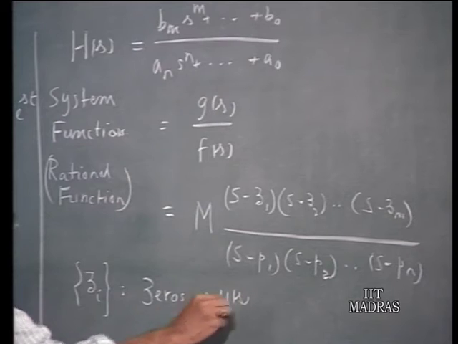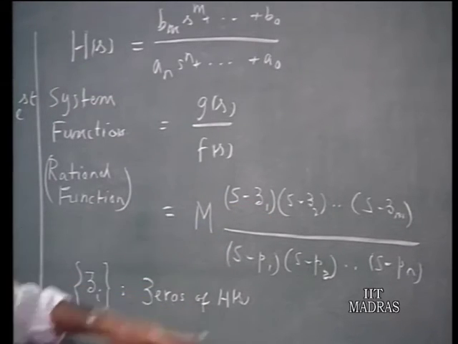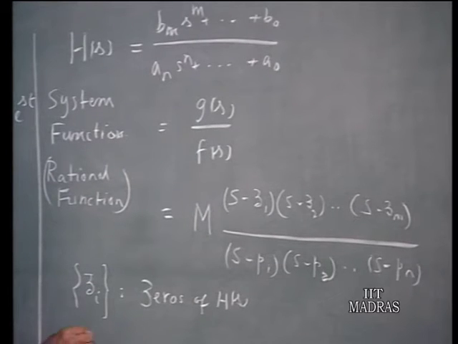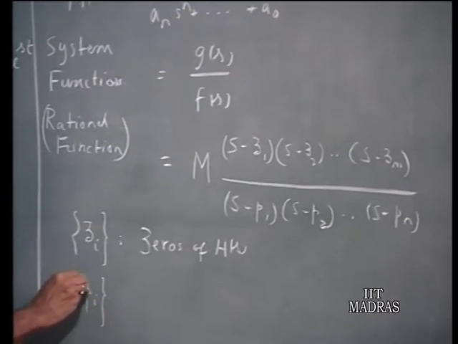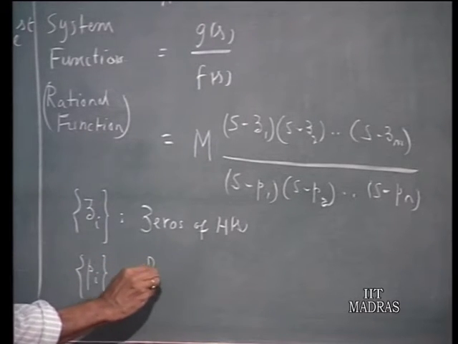These are the values of s which make H of s go to 0. If s is equal to z1 or z2 or whatever it is, H of s becomes 0. That is why they are called the zeros of H of s. The set of values of p which make the denominator vanish are called poles of H of s.